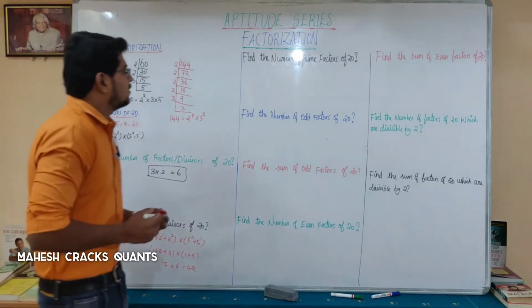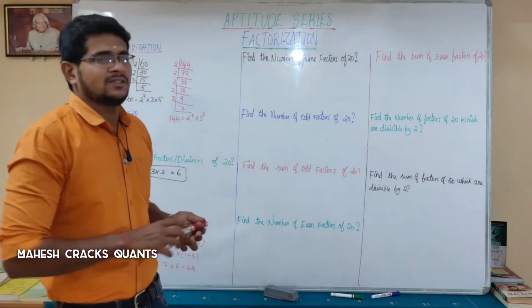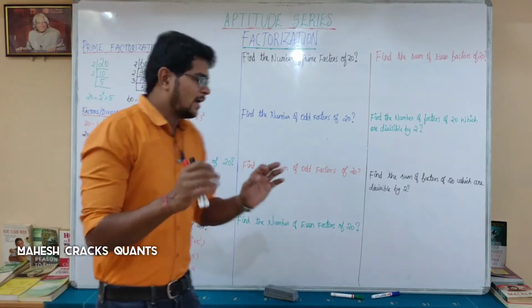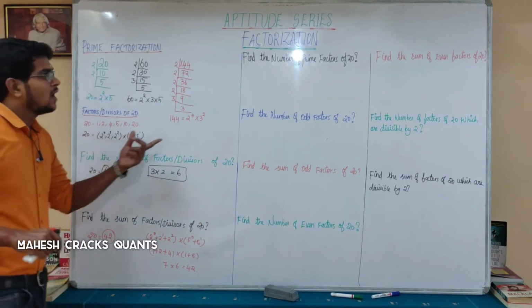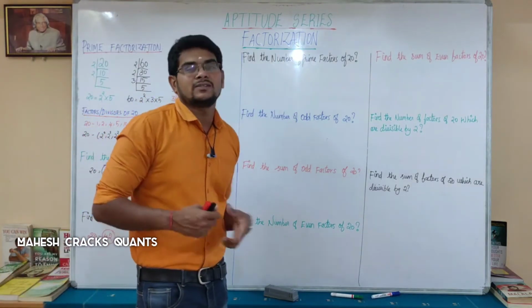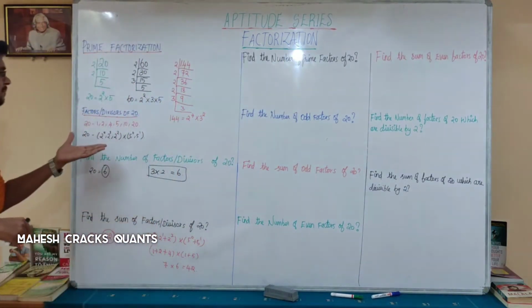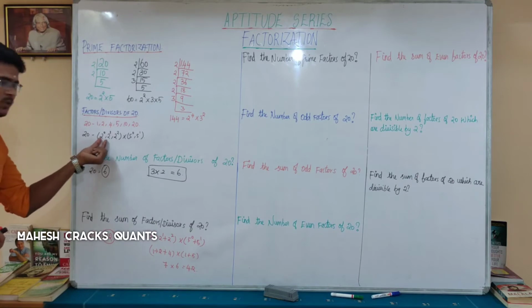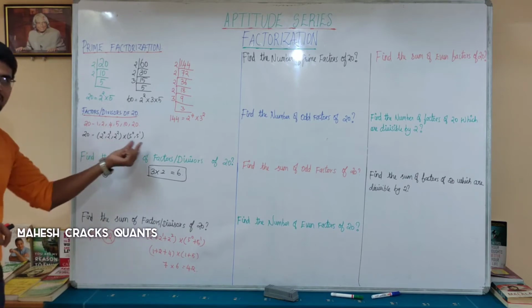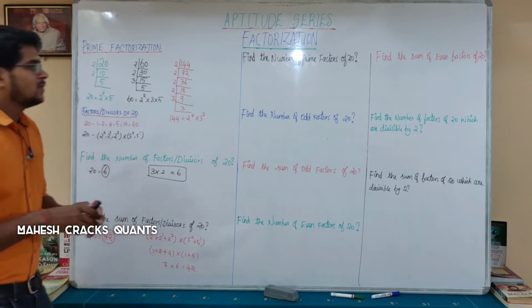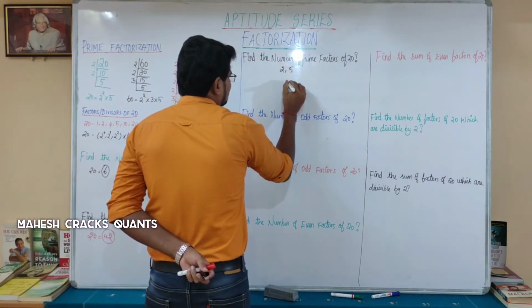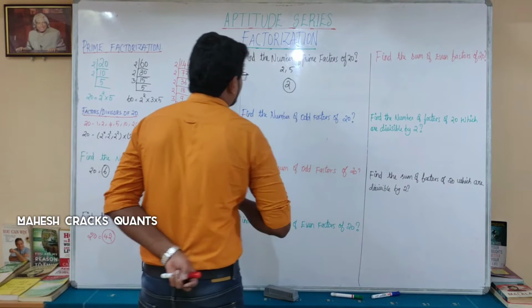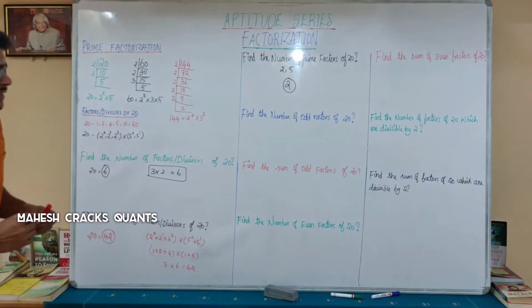Done. Next, find the number of prime factors of 20. So I know these are the prime factorization. What are the prime factors? Only 2 and 5. There are 2 prime factors. So you can calculate that.